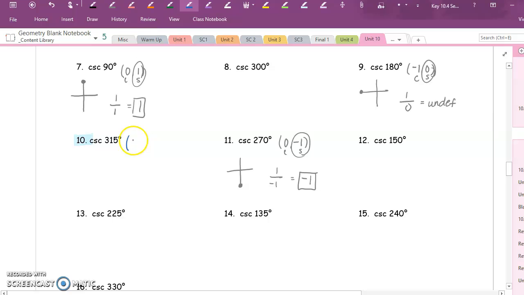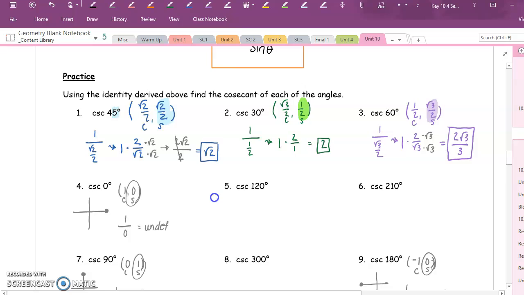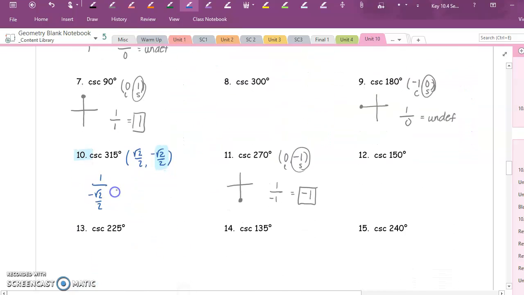It's in the 4th quadrant. So we have positive root 2 over 2, comma, negative square root 2 over 2. 1 over sine, so we take 1 divided by negative square root 2 over 2. And we already did the math above right here, and we got root 2. This is a positive divided by a negative, so therefore it's going to be negative square root 2.